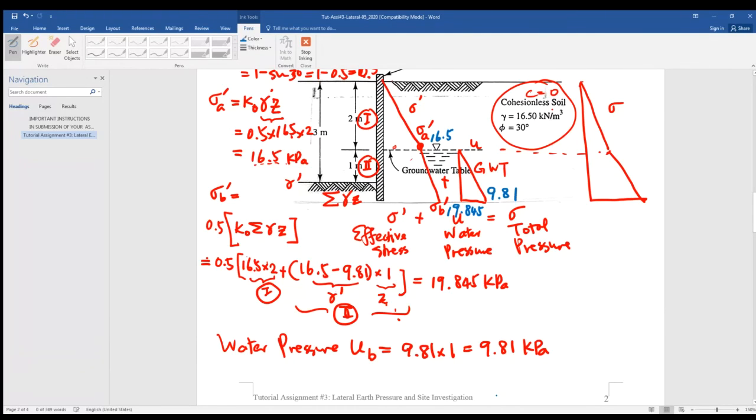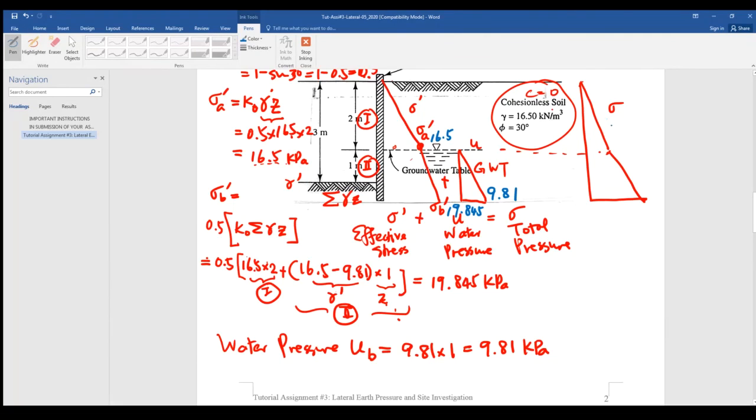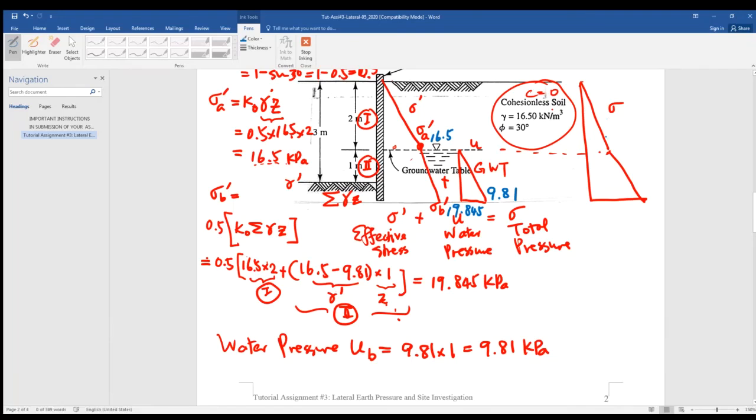You got the effective stress and also the pore water pressure. So what's the total pressure here? 16.5.